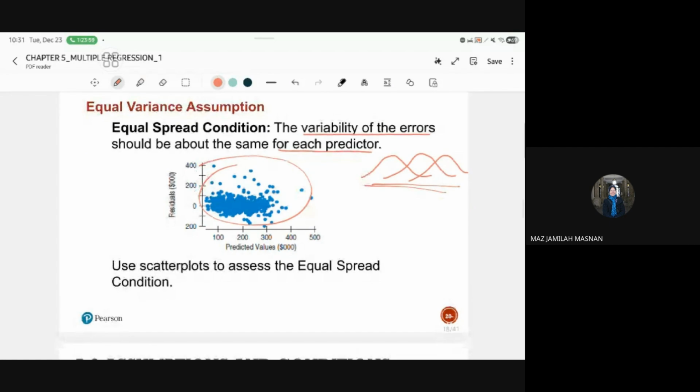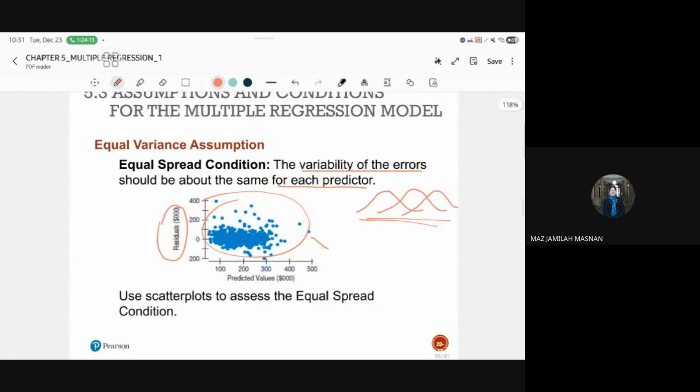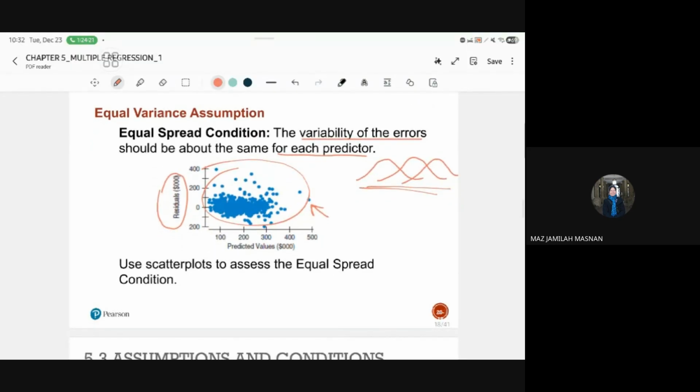In the case of this one, we are still using the residual, meaning we take the error terms from the scatter plot with the predicted line, and put them into the residual plot. In this case, we are looking at this particular equal spread condition.